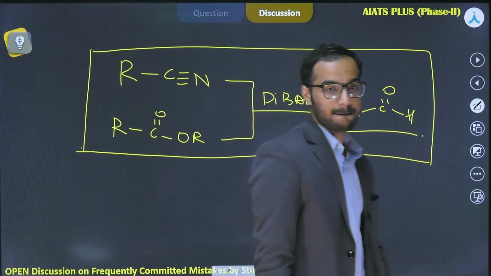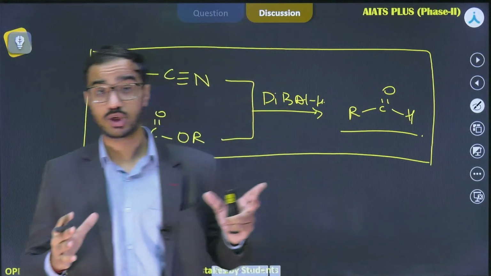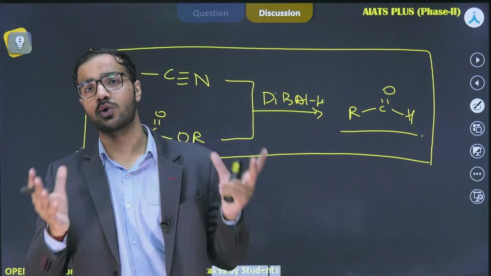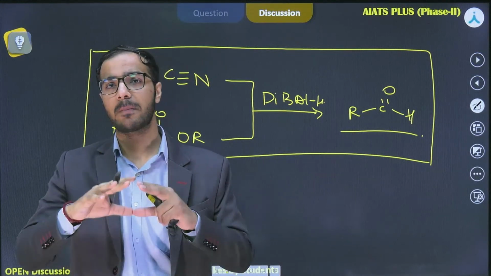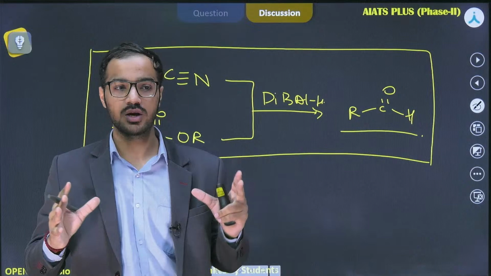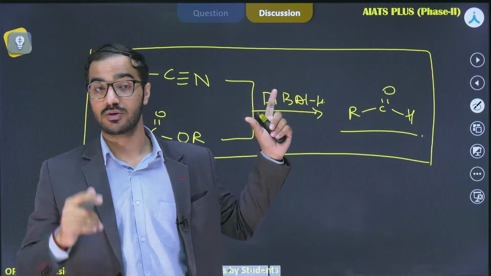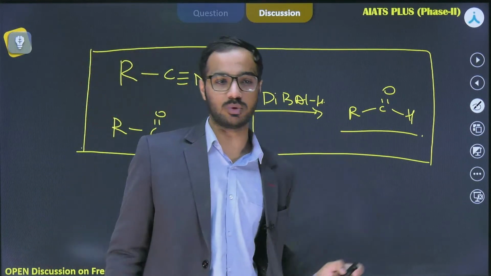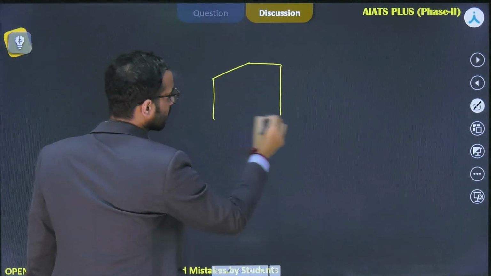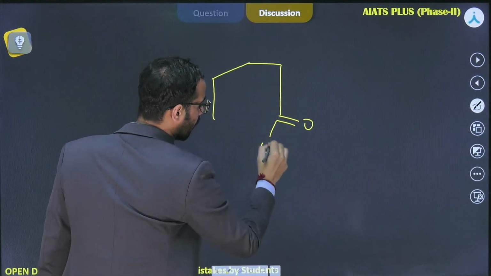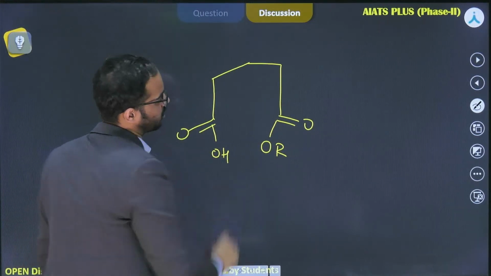Relating to the reagents, the electrophilicity order we have already done. I'm giving you just a question which will help you to memorize each and every reagent, along with the nucleophilicity order you have to memorize before dealing with this question. Okay, let us start with that question. You are having this, R, C double bond O, OH.